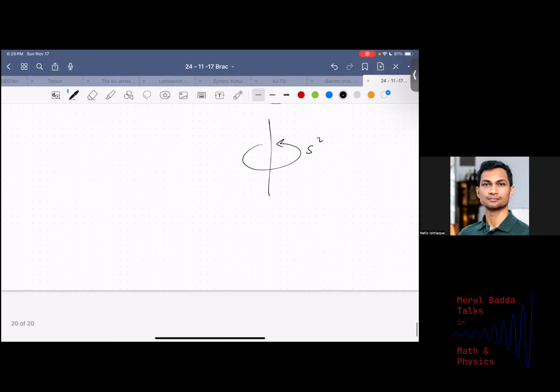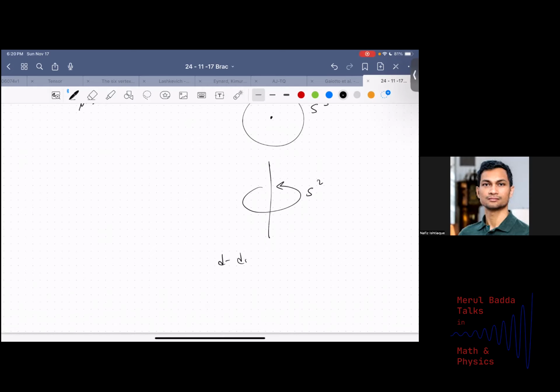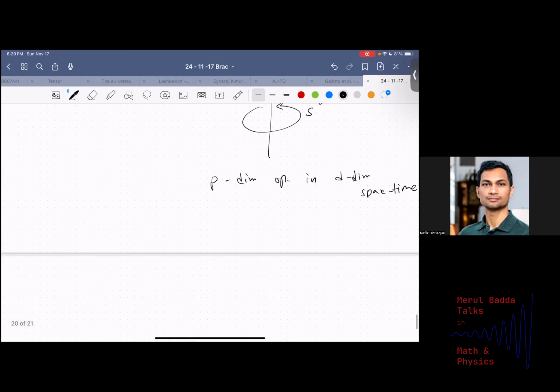So the point is that if you have a p-dimensional operator in d-dimensional spacetime, you need a d minus p minus 1 dimensional surface to surround it. All right, so here are the important numbers: p and d minus p minus 1. Okay, so you can figure it out later.